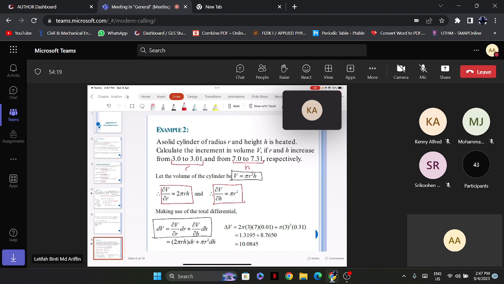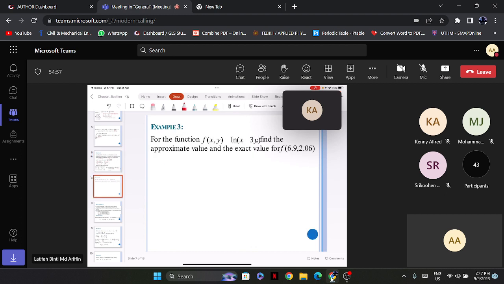Okay, dR kita adalah 0.01. So daripada 3.0 kepada 3.01 means that delta R ataupun dR is equals to 0.01 and then dH adalah 0.31. Therefore dV kita dapat 10.0845. Okay, so next ada satu example kat sini.